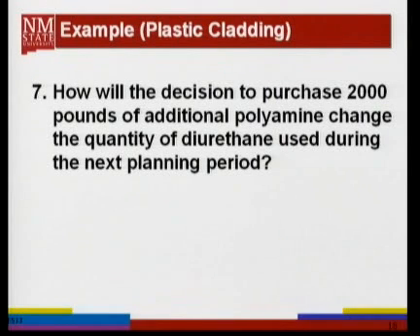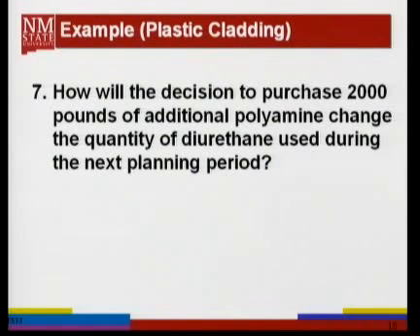Last time we learned that purchasing 2,000 pounds of additional polyamine is equivalent to decreasing the slack variable for that constraint, I believe row number 2. So purchasing 2,000 pounds of additional polyamine is equal to decreasing slack variable 2 by 2,000 pounds.